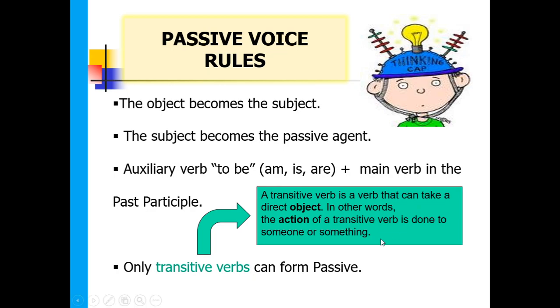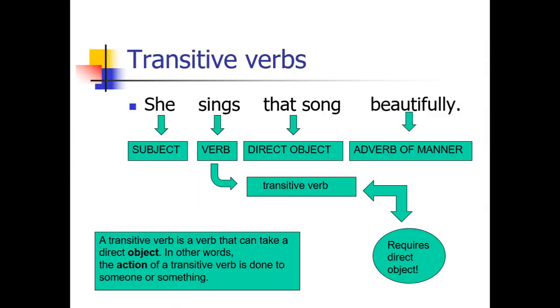Now, let's explain what transitive verbs are. A transitive verb is a verb that can take a direct object. In other words, the action of a transitive verb is done to someone or something. So, let's pay attention to one example where we have a transitive verb. She sings that song beautifully.